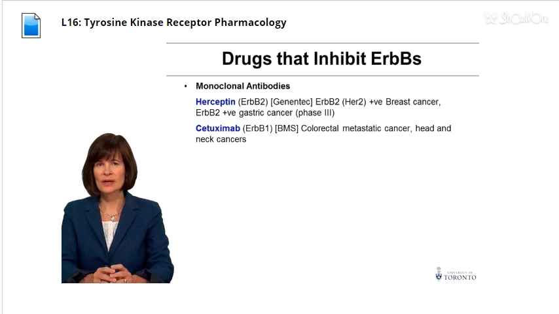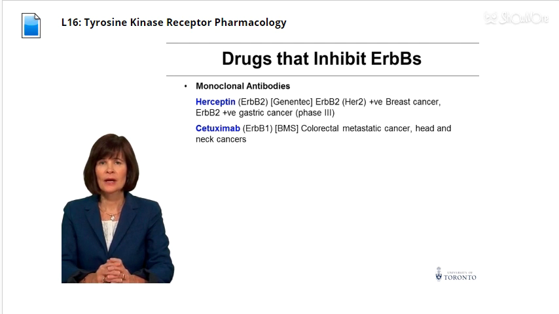These include drugs directed to ERBB2, HER2, such as Herceptin, which is a monoclonal antibody made by the company Genentech. Herceptin has been used for many years in the treatment of HER2-positive breast cancers, in other words, breast cancers expressing this particular receptor.